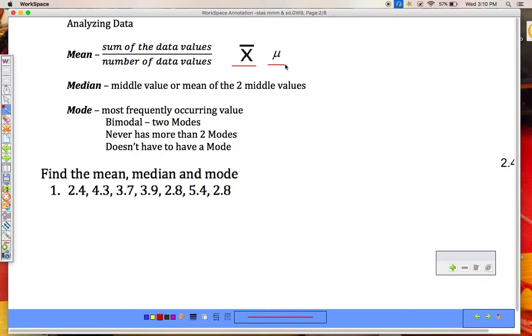All right, so we're going to do this for the first problem. We're going to find the mean, median, and the mode. To find the mean, we're going to add them all together and divide by the total number of terms.